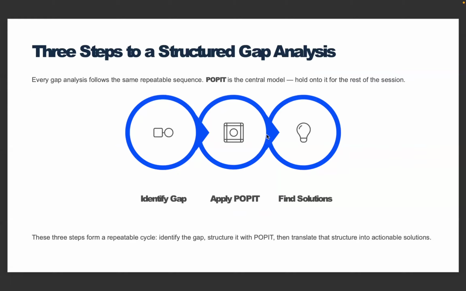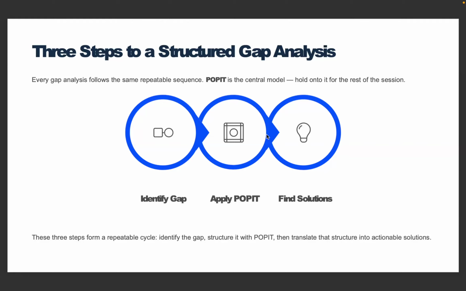Second step is to structure our thinking using POPIT model. And this model is important because business problems are really caused by several factors, and POPIT model helps us go through each of the factors that cause business problems.